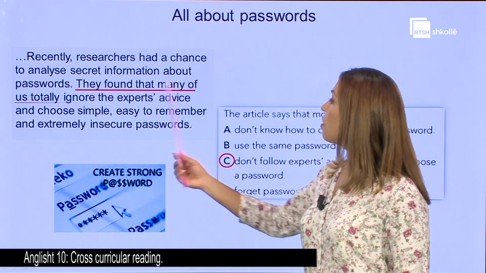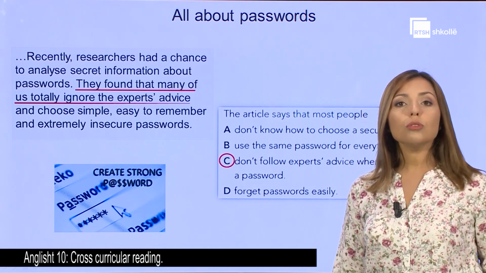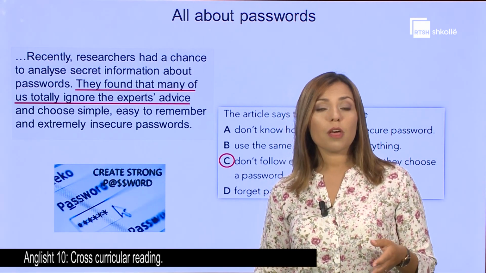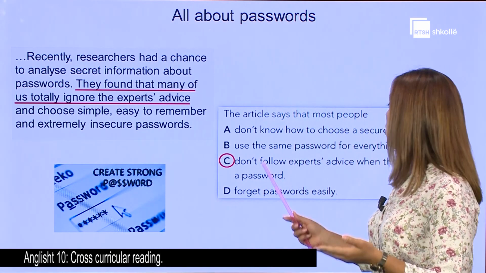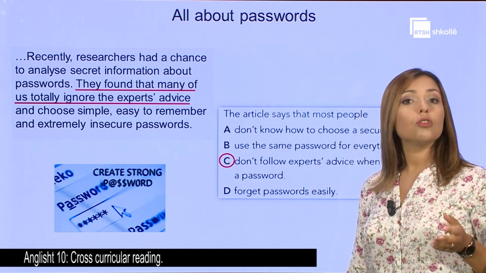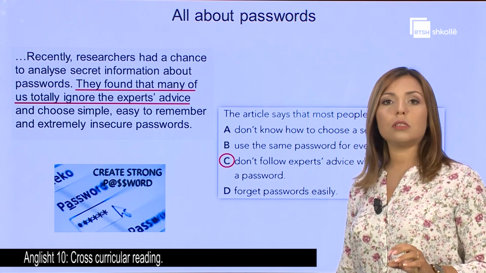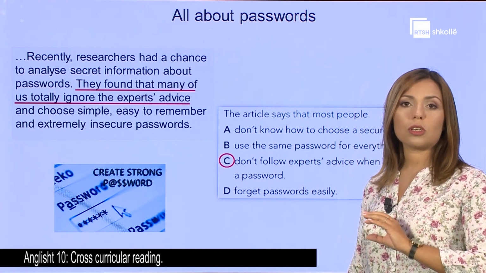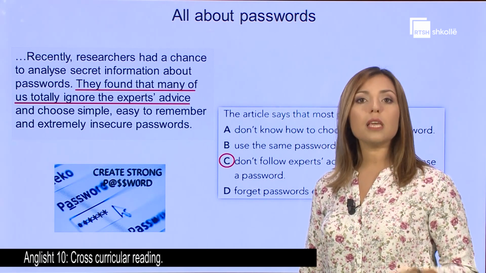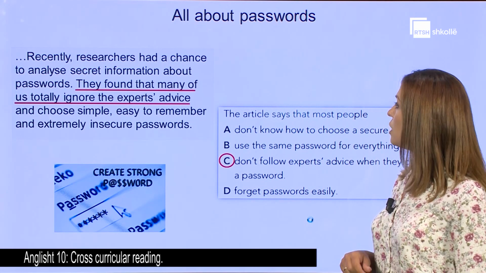They found that many of us totally ignore the expert's advice. So, they ignore, so they don't follow the expert's advice. Don't try to find the same words in the text and the question. Try to find the synonyms to have the same meaning. Let's move on.